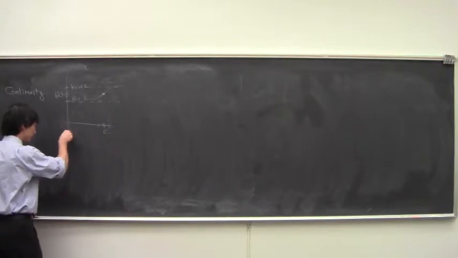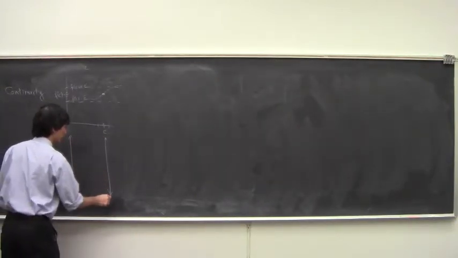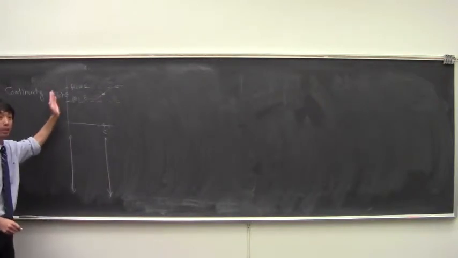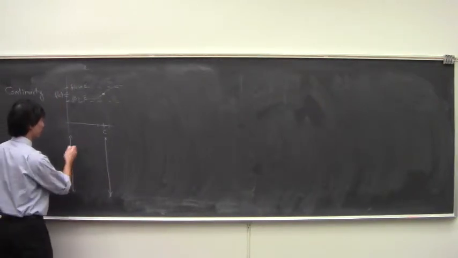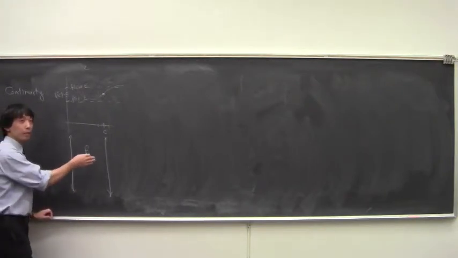Another way of looking at it is like this. Instead of drawing the axes perpendicular to each other, let's draw them parallel to each other, and think of f as a function going from here to here.